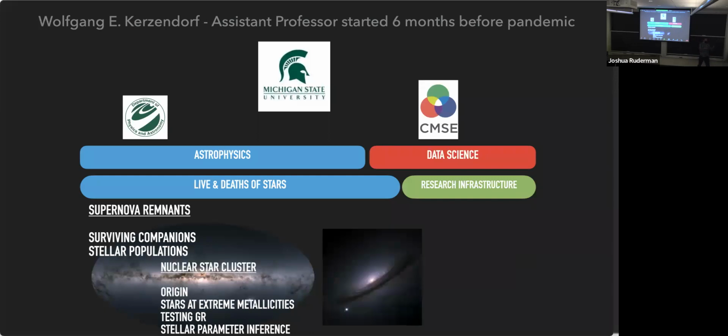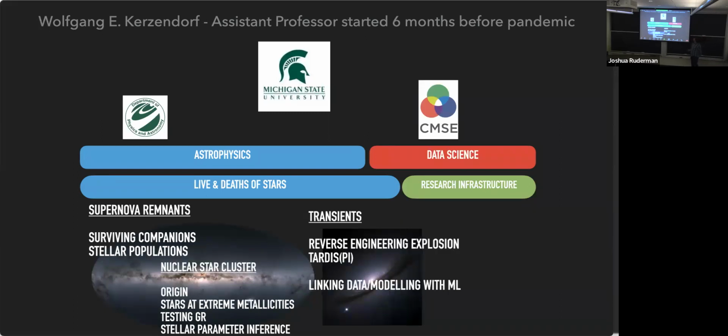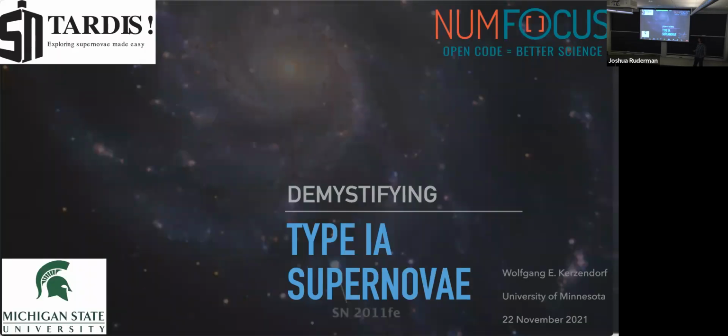I think that's where we have a joint hobby, David and I, so to speak. For transients, I like to do reverse engineering of the explosions. I'm the PR of the TARDIS collaboration, and I like linking data to modeling with machine learning. And last but not least, I like to do this AI research assistant. I'm potentially talking more about this, but please do ask questions afterwards if you're interested.